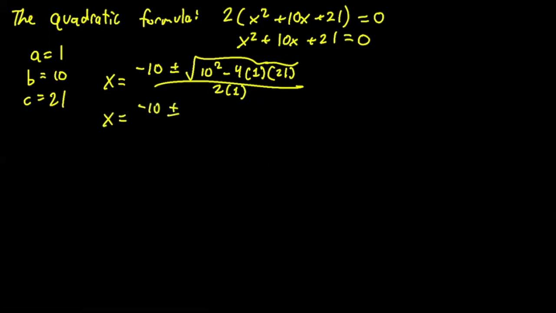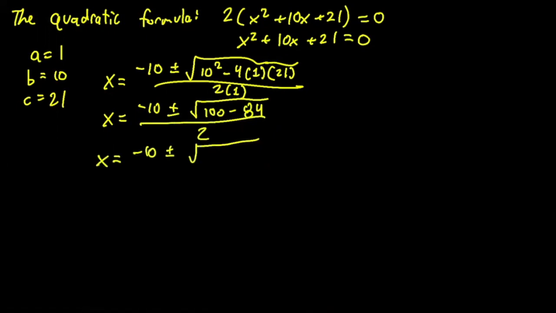Let's start off by simplifying inside of our square root. So here we get 100 minus 4 times 21, which is 84, all over 2. So -10 plus or minus the square root of 16 over 2. -10 plus or minus 4, since the square root of 16 is 4, over 2.